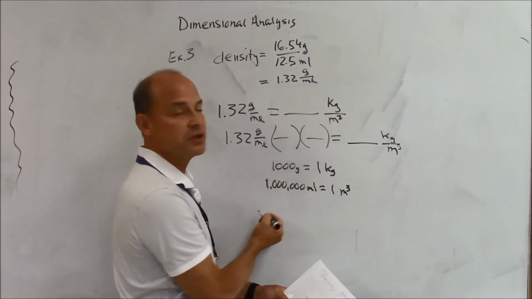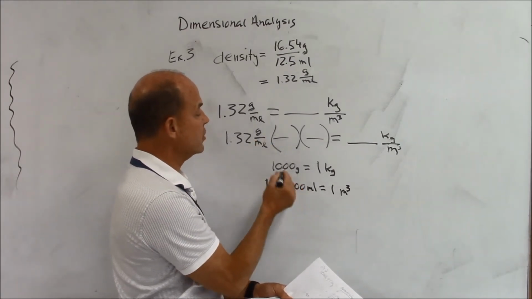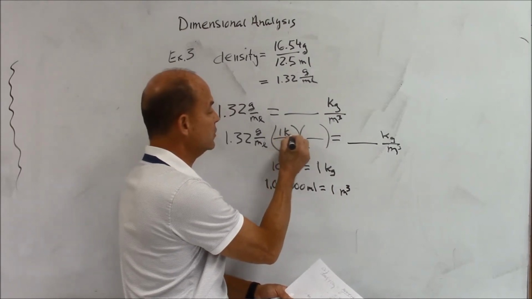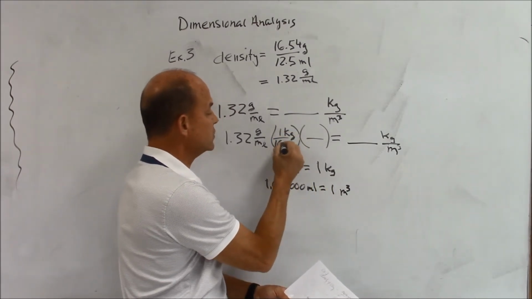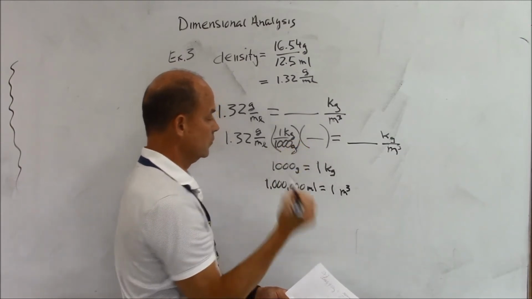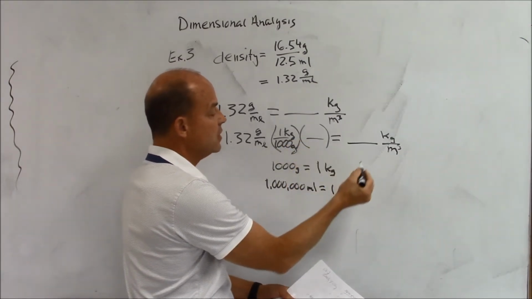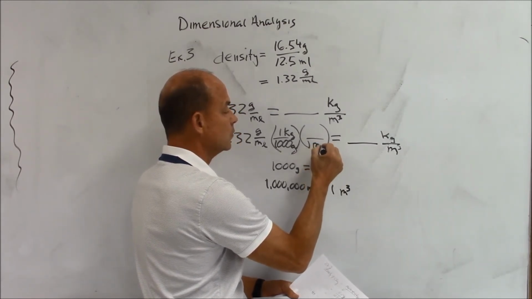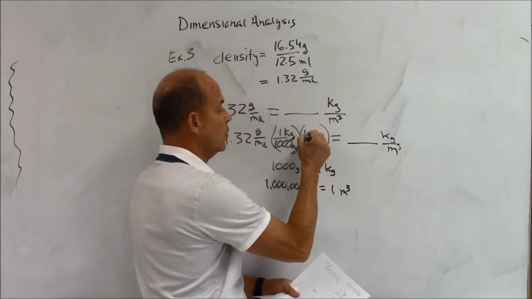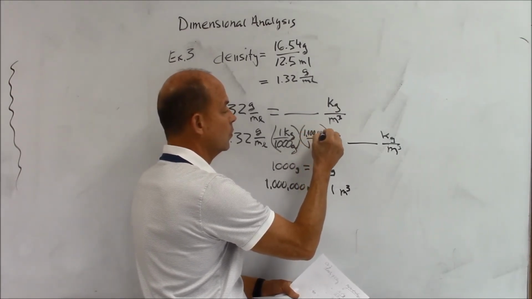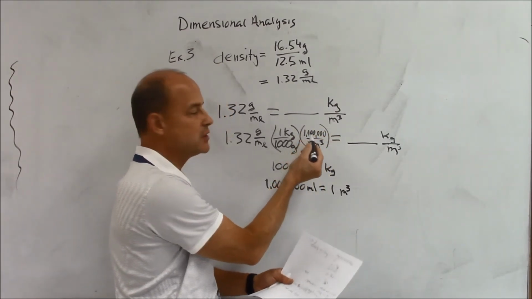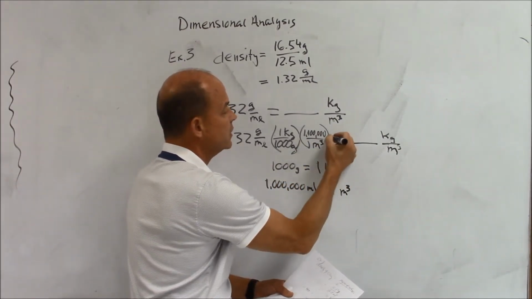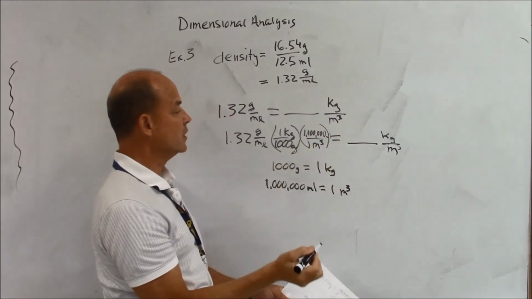Let's, first of all, choose which one you want to tackle. Let's go after, I don't know, the grams first. All right? We want kilograms on top. So 1 kilogram is equal to 1,000 grams. And then for this conversion factor, we want meters cubed on the bottom. I'd probably write that in scientific notation, but that might confuse you a little bit. 1 million milliliters is equal to 1 meter cubed.